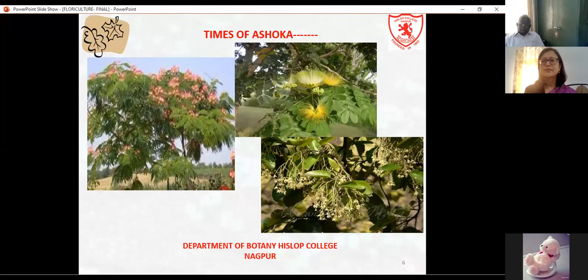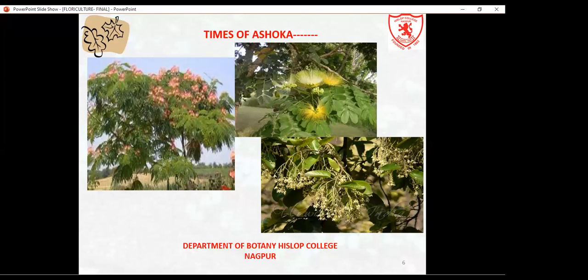Now, during the time of Ashoka the Great, he is known for planting a lot of trees in and around our country. During his time, the thrust was on avenue trees. So what are avenue trees? Avenue trees are those grown along both sides of the road, meant to give you shade. So these were roadside trees and they were grown in big numbers.